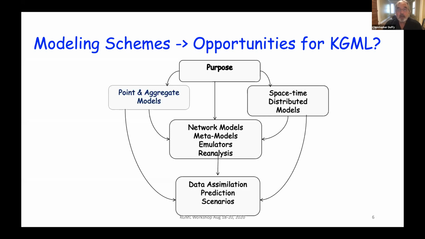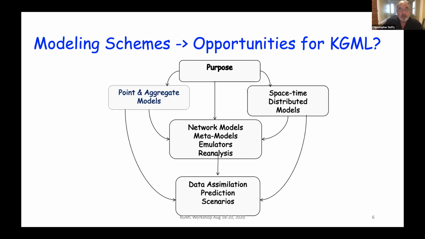And then we have space-time distributed models that attempt to solve systems of PDEs for processes operating in the catchment.